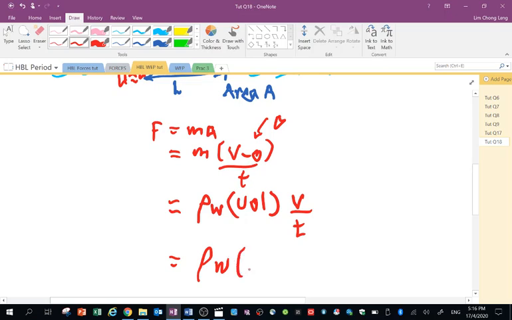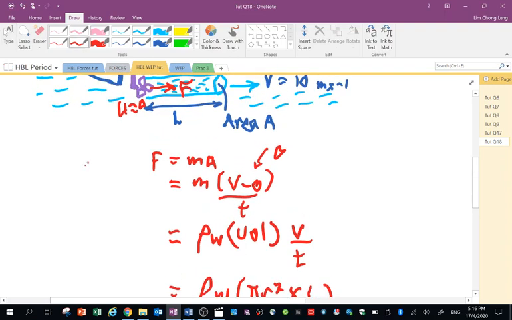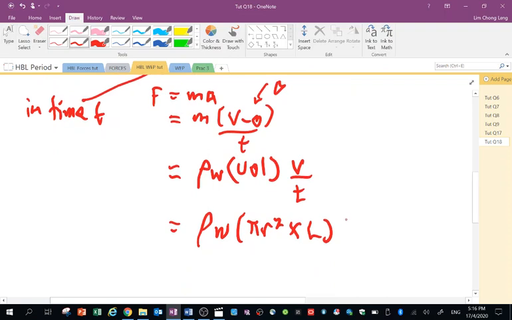So volume is actually area, pi r squared of that cylinder of water, times a certain length. This length is the length of the water column in time t. So I specify that in time t, I have a length of water column. So I multiply by v over t.